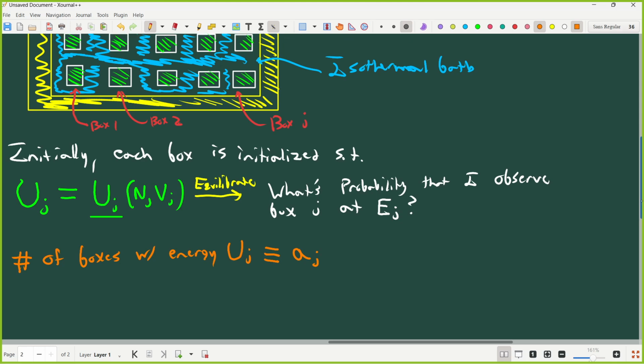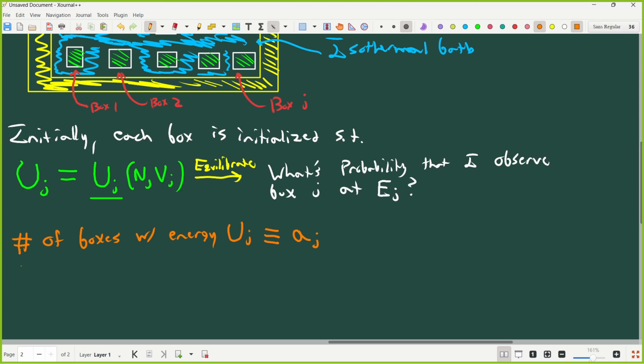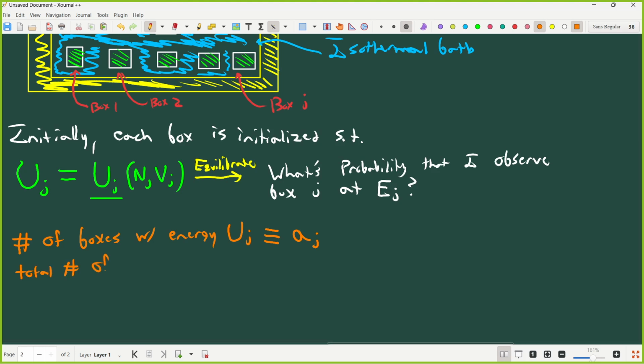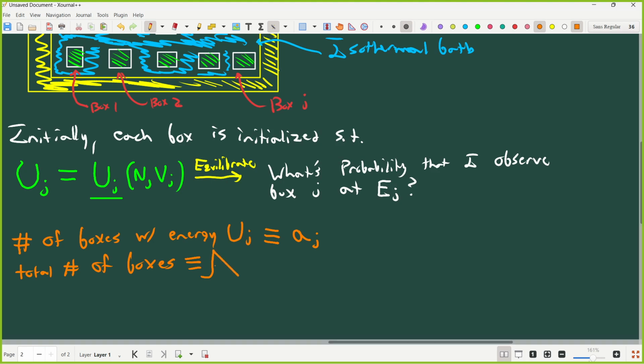And then let's say also that the total number of boxes is just the label fancy A. Okay, total number of boxes is A. It's going to be hard to measure this necessarily, but we can do a comparison.